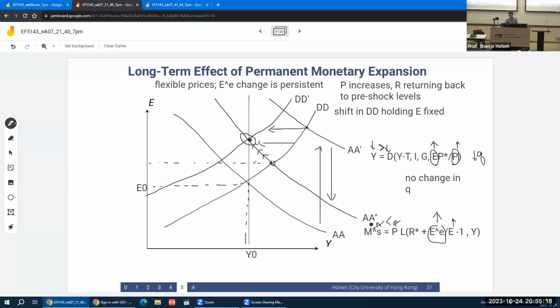And when Q is constant, there's no output effect between pre-shock levels and post-shock, long run levels. So this point here is your long run effect, and this point here is your short run effect.